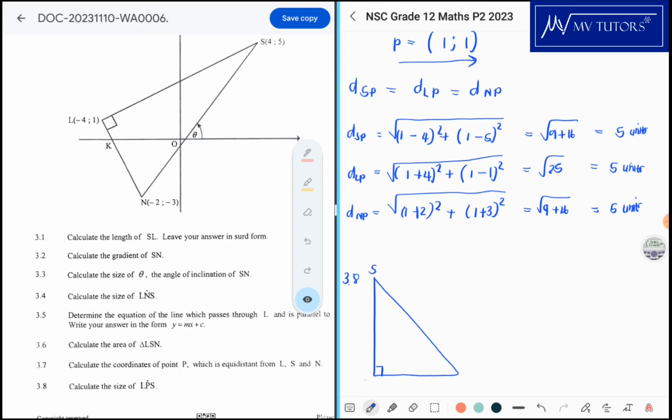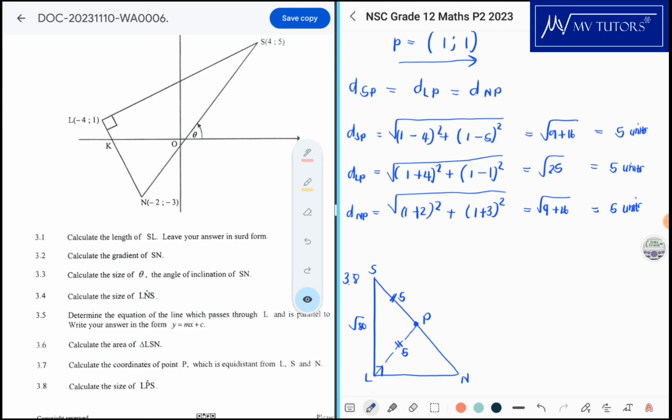So that's S, that's L, and that's N. And we say halfway SN, that's P. So they want the angle P in between L and S. From L to P, we know that's 5 units. And from S to P, we also know that's 5 units. SL, that's root 80. But we actually have an isosceles triangle.